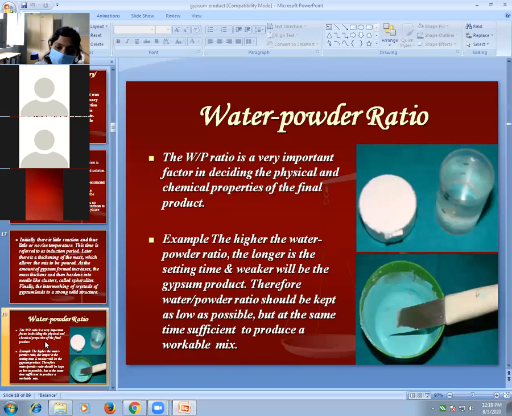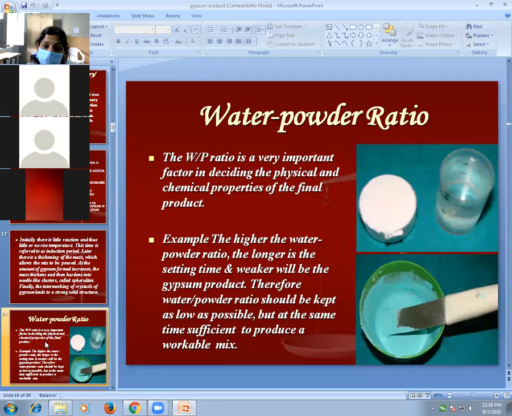We have seen that the crystals of dental plaster are irregularly shaped and irregularly arranged, so in that case we need more water compared to dental stone, as its crystals are regularly arranged and densely packed. So the water-powder ratio again depends on crystal shape and size.